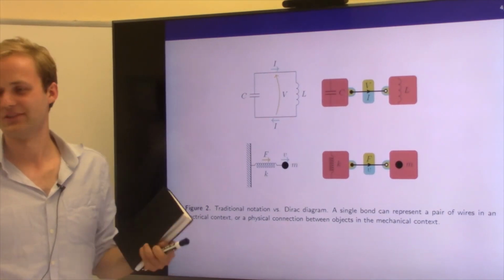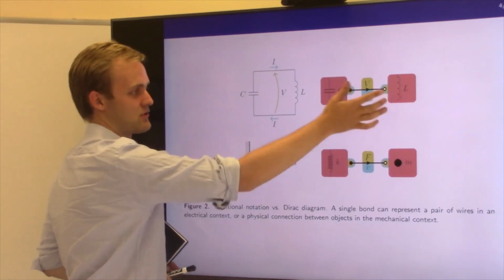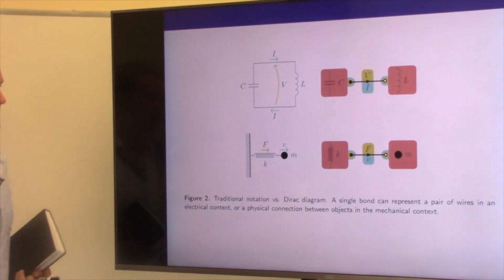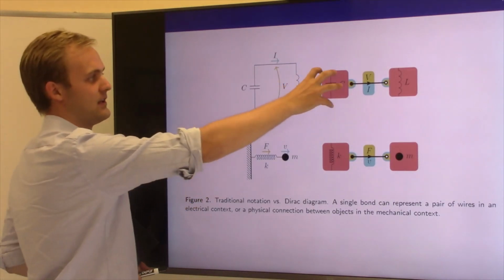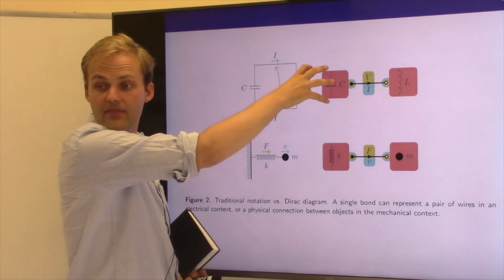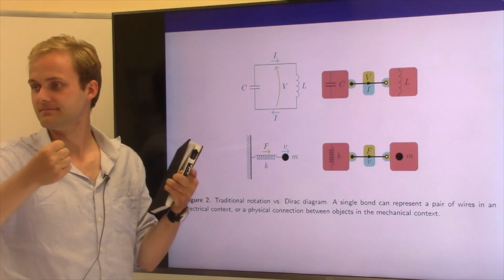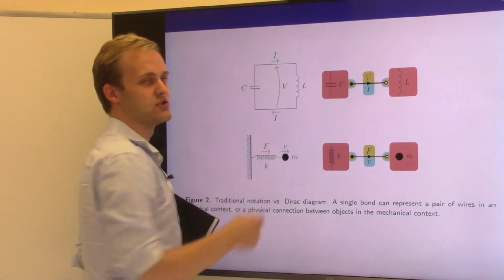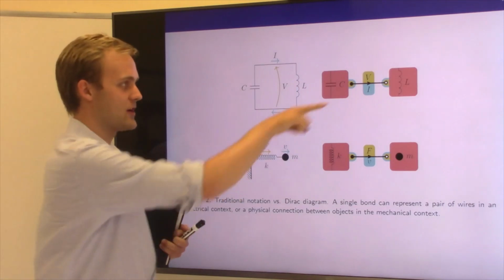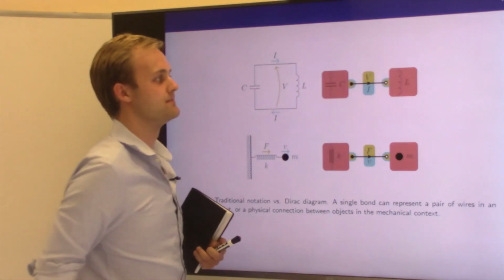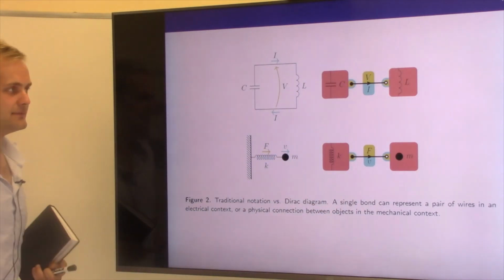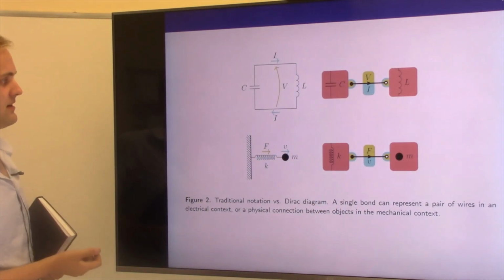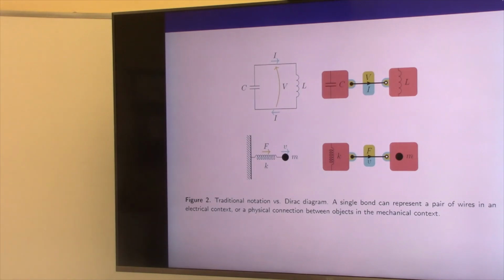So I made a different notation. I call this Dirac diagram notation. The idea is you have systems that can exchange energy, and they exchange energy through flows and efforts that travel along bonds that go between systems. We'll see more about this in a bit. But that's sort of an overview.